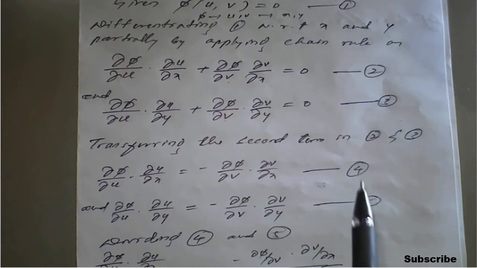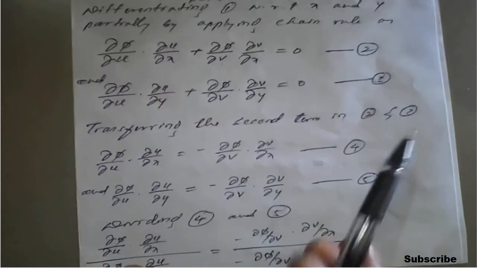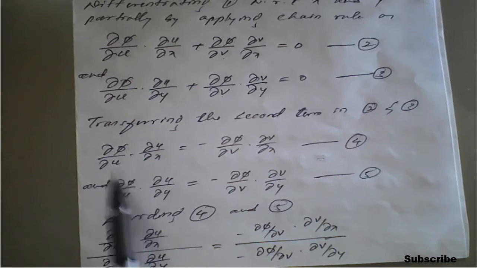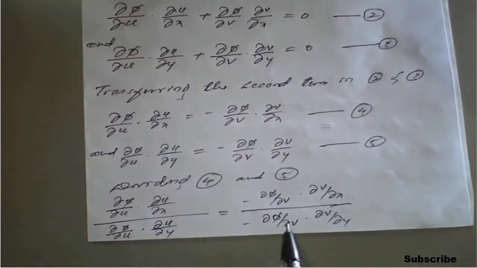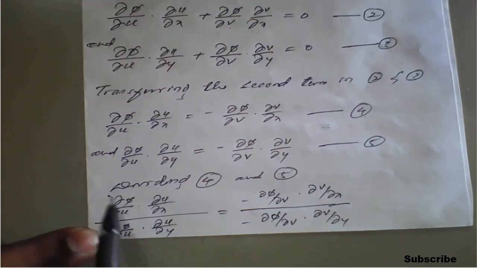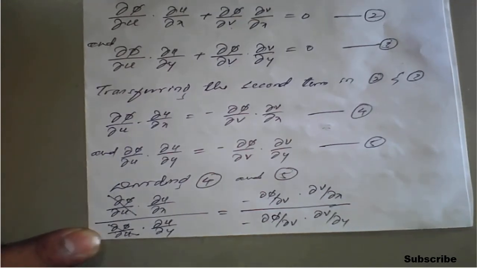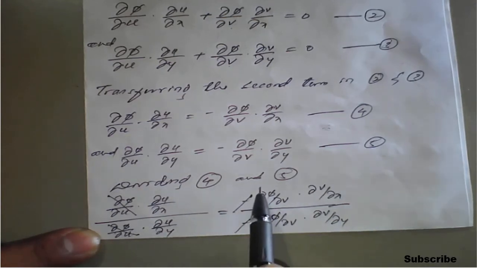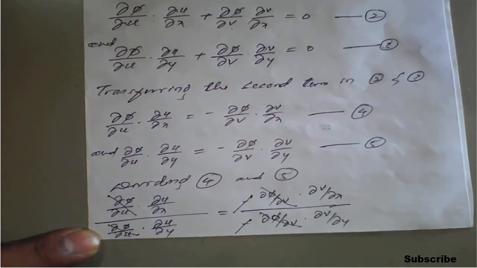Now equations 4 and 5 you have to divide: left hand side divided by left hand side, right hand side divided by right hand side. So dou phi by dou u and dou phi by dou u get cancelled, the minus cancels, and dou phi by dou v cancels. What is left? Dou u by dou x upon dou u by dou y on the left hand side, and dou v by dou x upon dou v by dou y on the right hand side.